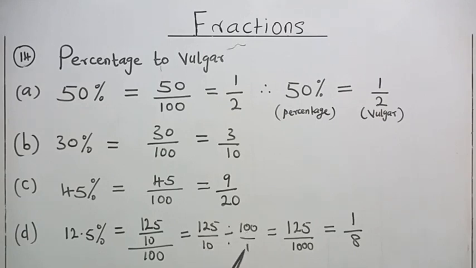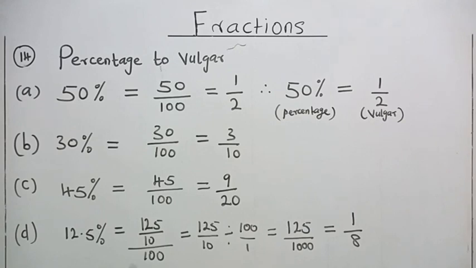You can put 1 here to make it take the structure of a fraction, though not a fraction. Now, we use the formula for dividing fractions to carry out this exercise. So 125 times 1 is 125. Then 10 times 100 will give us 1000.